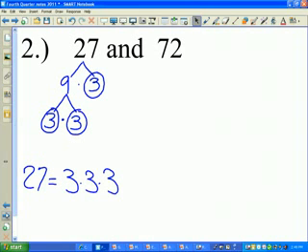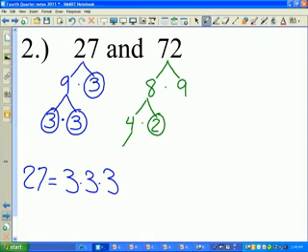So now looking at the 72, I can say 8 times 9. So for the 8, I can factor that out to a 4 times 2. So there's my prime number. That means I have to factor that 4 out again. Ooh, not 4. Let's try this again. Got 4 on the mind. 2 times 2.